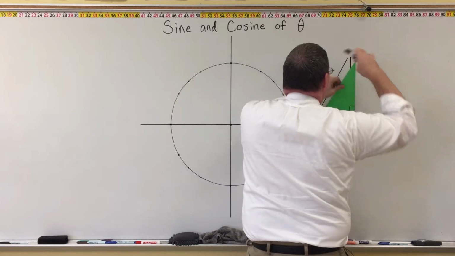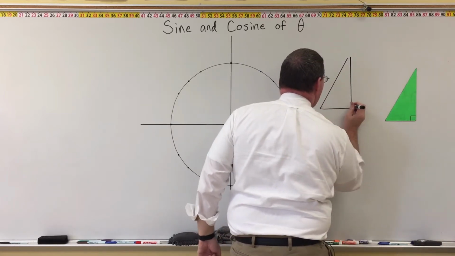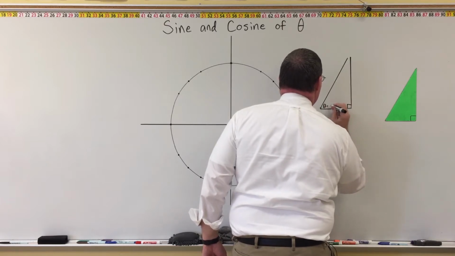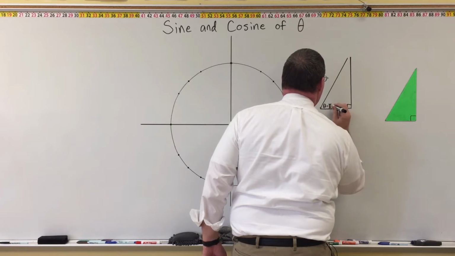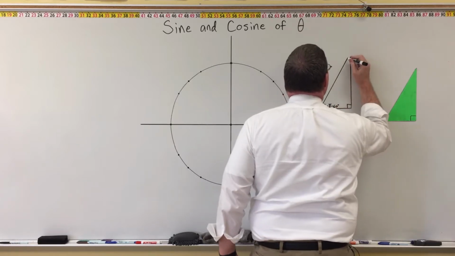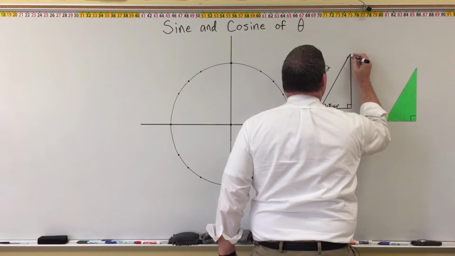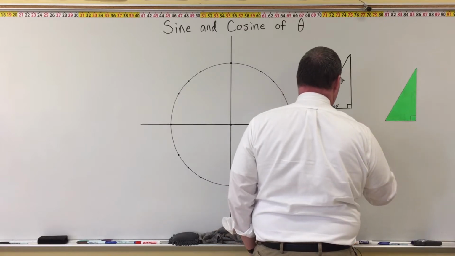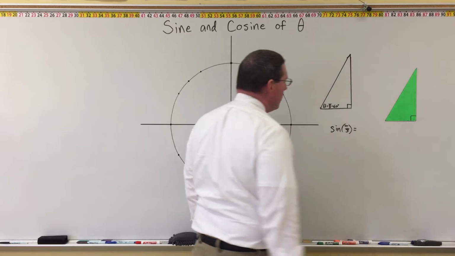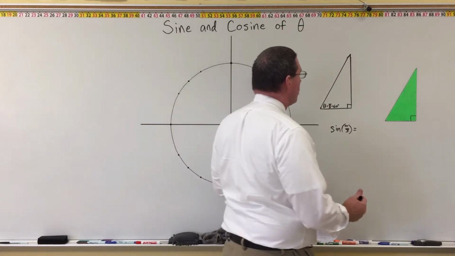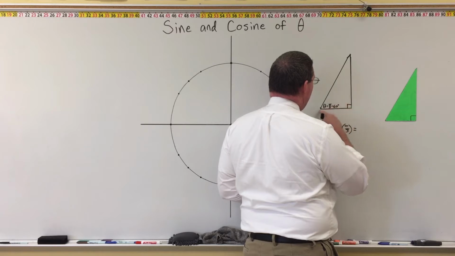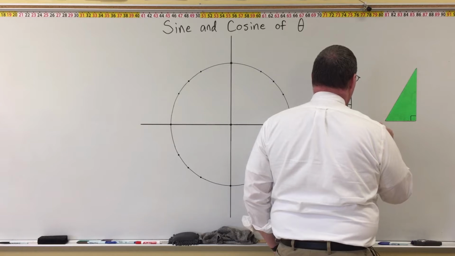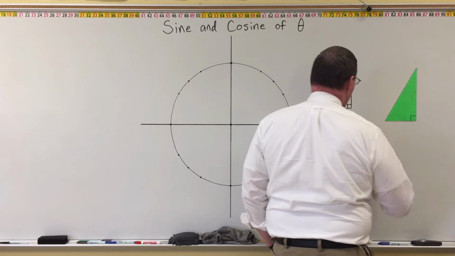So if you have a right triangle with an angle theta, which in this case is pi over 3 or 60 degrees, here's what you learned previously: the sine of that angle, so sine of pi over 3, is equal to the proportion of the opposite side. From here, the opposite to this angle is that side right there. So we have opposite divided by hypotenuse.